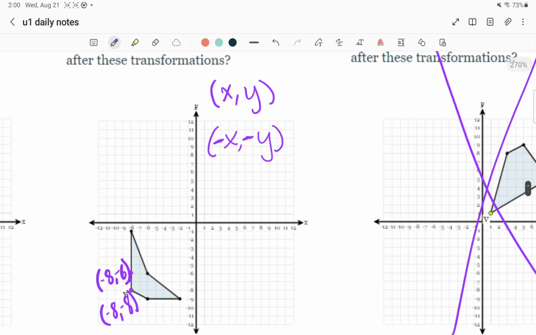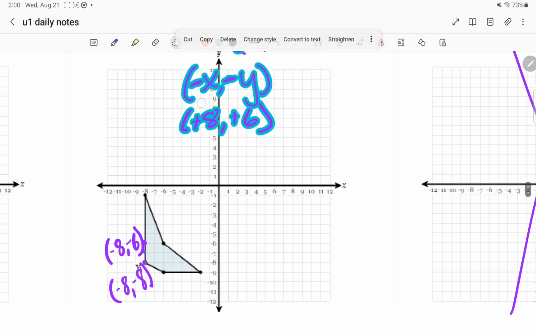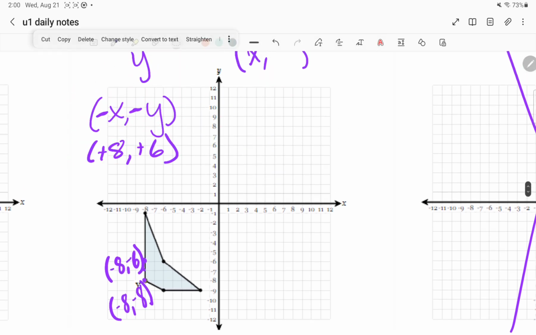So you could either use patty paper at home or patty paper that I've given you on the homework if you get here to have some. Or you're using these rules that we learned in 1.1. So you got 2 ways that you can do this really easy. So if I'm switching the signs on -8, -6, that means I'm just turning the negatives into positives, which is going to put me right here.